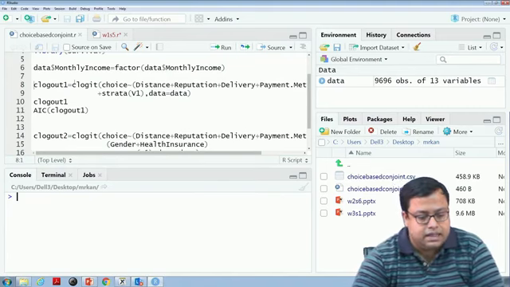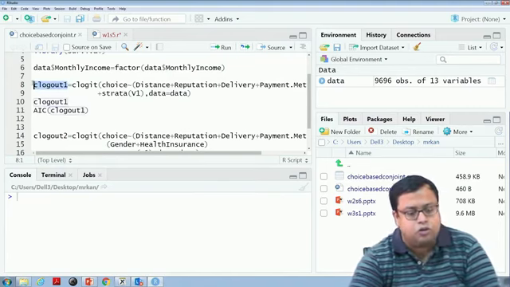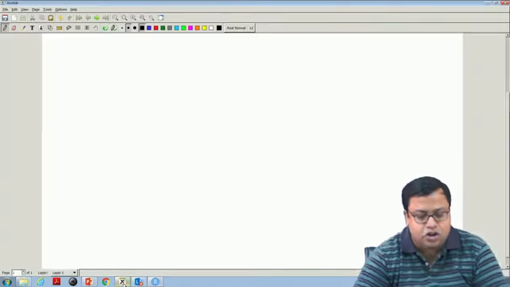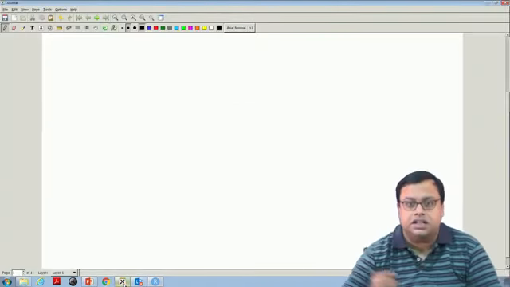So, what I am doing is I am writing clogit output. So, here we are doing something called conditional logic. What is conditional logic?